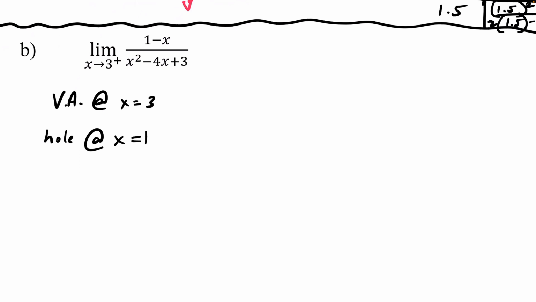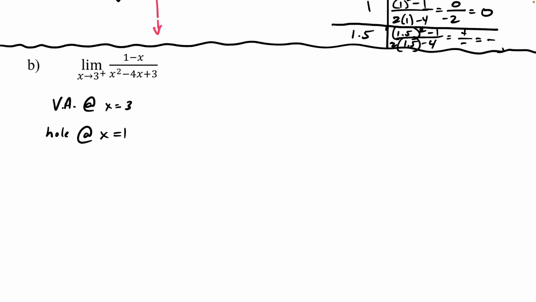So that means when I plug in 3, I'm going to get 0 on the bottom. When I plug in 1, I'm going to get 0 on top and 0 on bottom. That's the difference, okay? So what is the limiting value here? 3. What do we know is true at 3? Vertical asymptote.